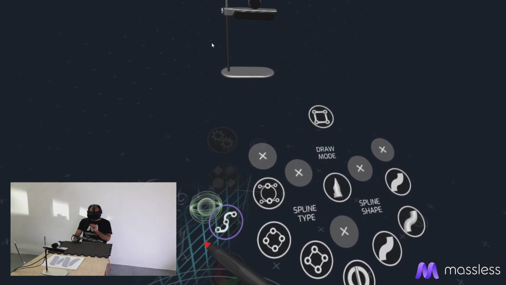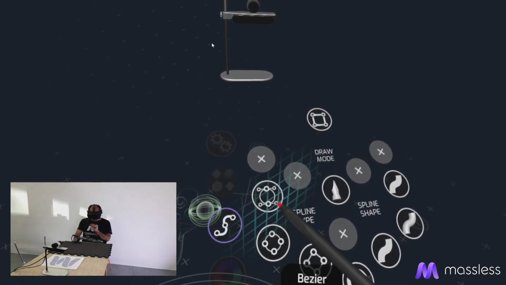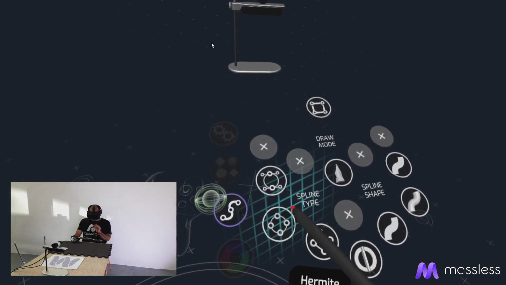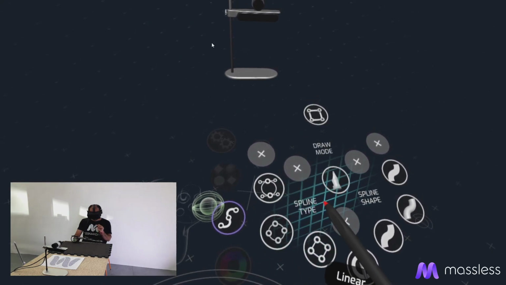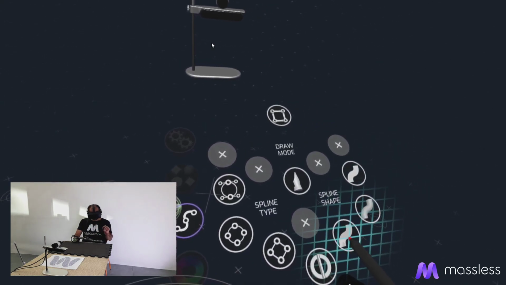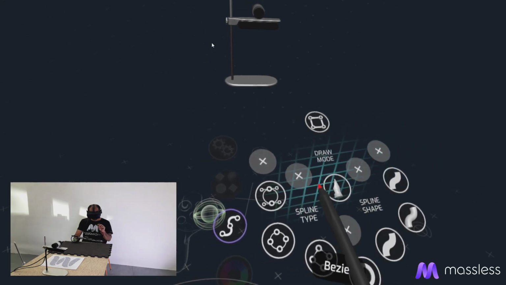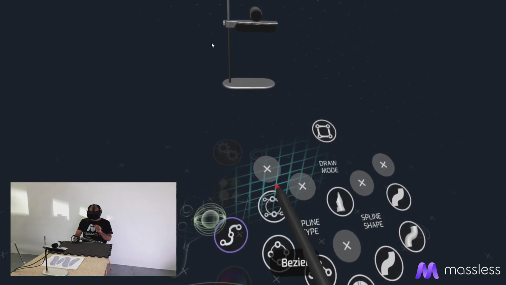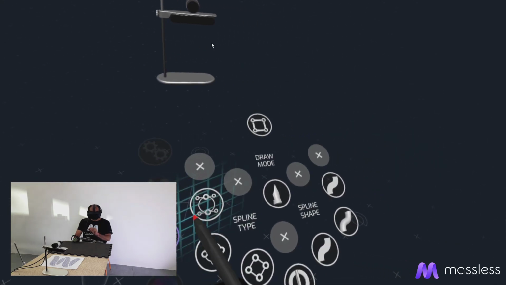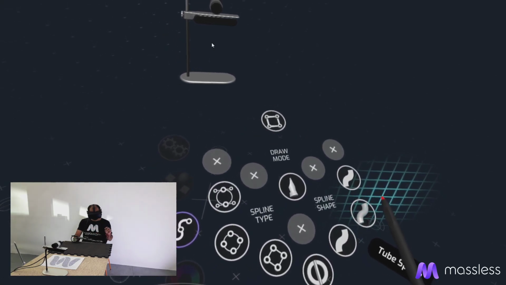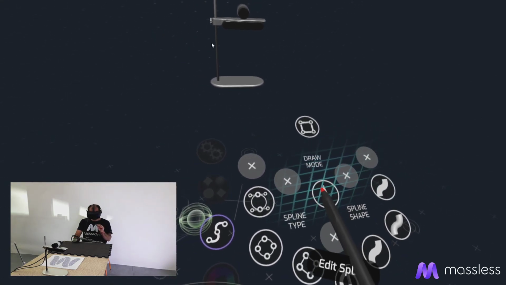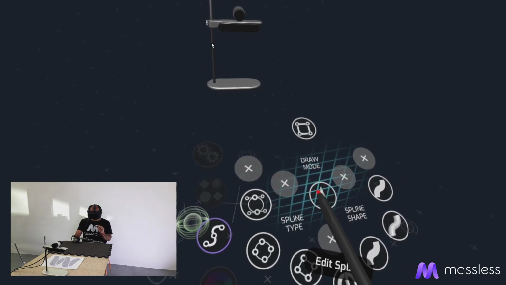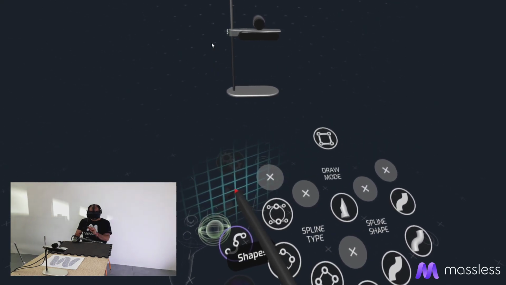We've got a few different types of splines: Hermite, Bezier, and just linear. And then we can have different shapes of those splines, like a ribbon shape, or a tube shape, or this billboard sort of shape, which is good, where it kind of looks 3D, but it's just a 2D geometry.